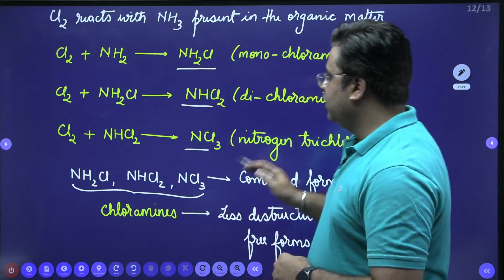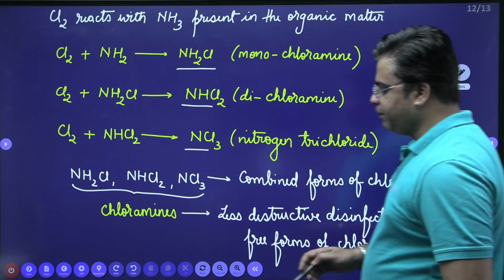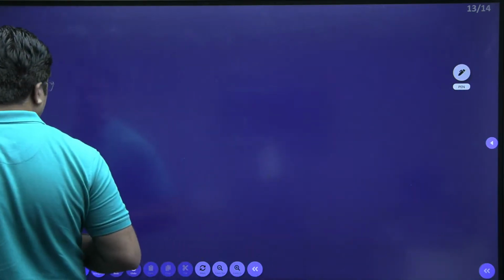Okay. So these are the different forms of chlorine that are present in the water sample once you add chlorine to the water sample.